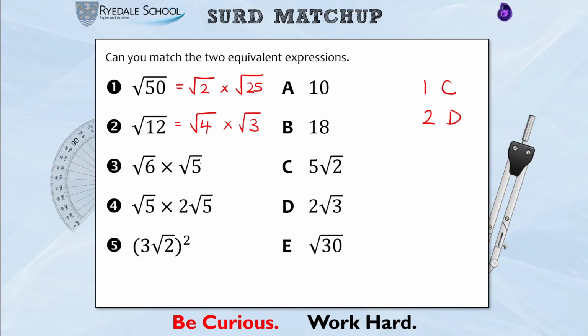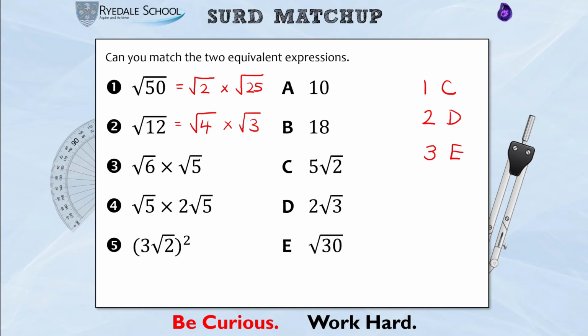Question 3. You might recall that you can multiply surds. So the square root of 6 times the square root of 5. Yes, you just multiply the 6 and 5. So that is the square root of 30. So 3 is E. Question 4. Root 5 times 2 root 5.